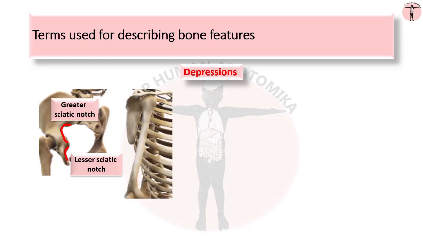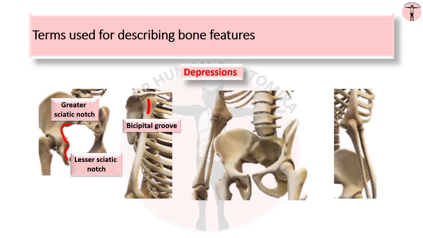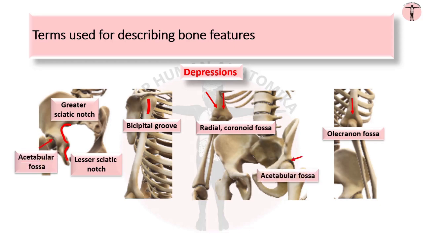Groove or sulcus is a linear, long, narrow and shallow channel or furrow such as bicipital groove between the two tubercles of humerus. Fossa is a concave or indented area such as radial and coronoid fossa on anterior aspect of humerus, olecranon fossa on posterior aspect of humerus, and acetabular fossa on the lateral side of hip bone.